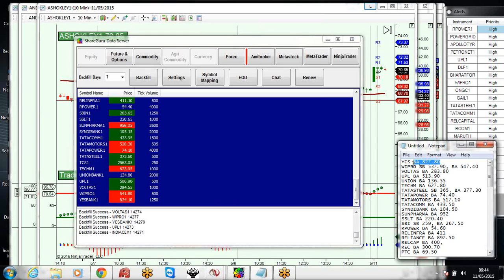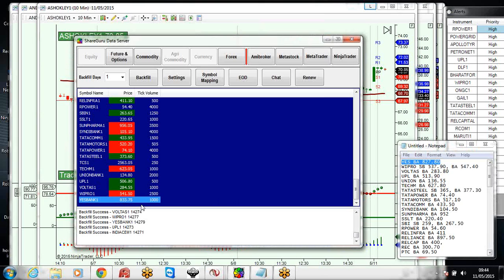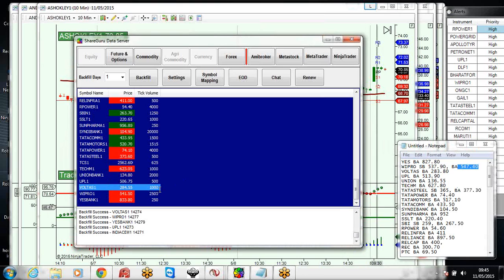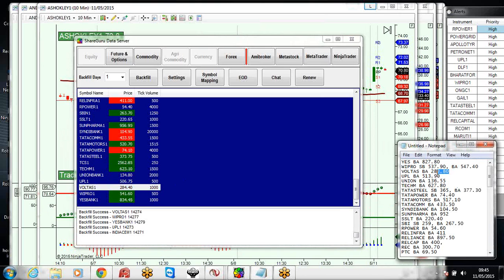So Yes Bank, we had a buy above 827. Now it is at 834. Wipro, we had a sell, and we have a buy also. Buy at 547. Voltas 283.80 was a buy. Now it is 284.40 here.